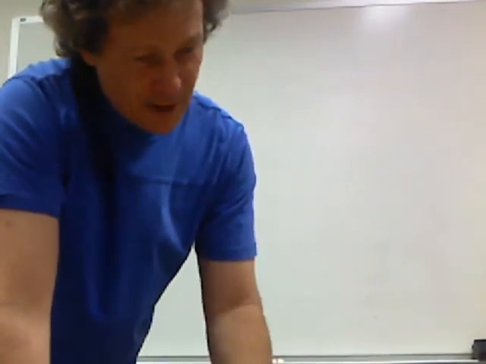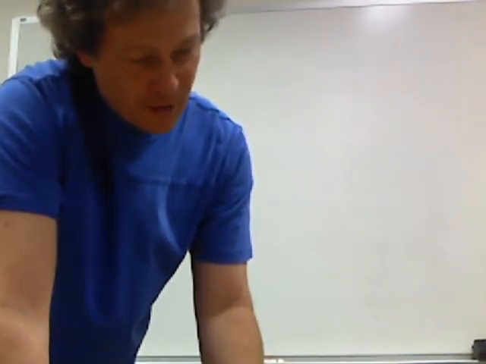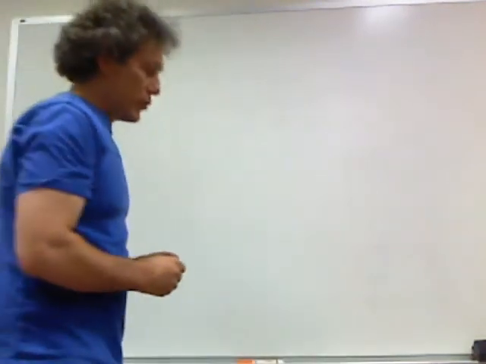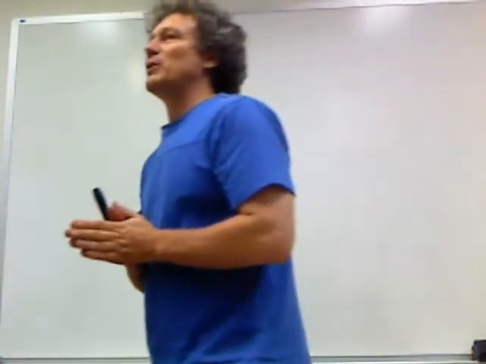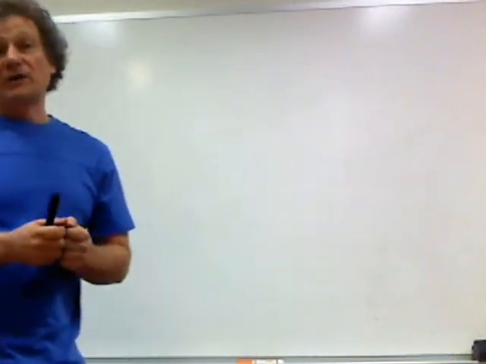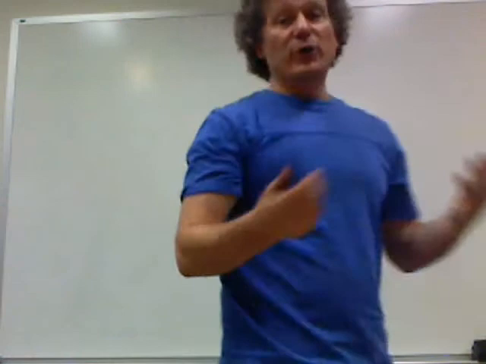So what I want to talk about now is the normal approximation to various distributions. And so I want to say a couple of things: why do you need a normal approximation? When does it work? And how to do it.